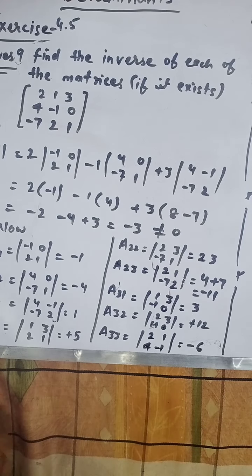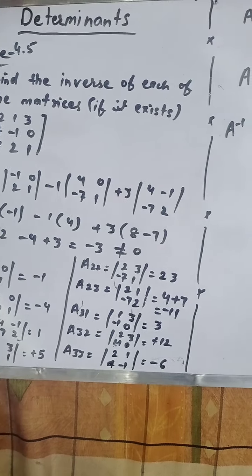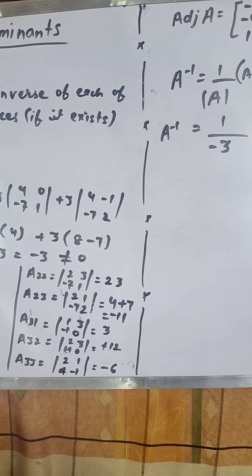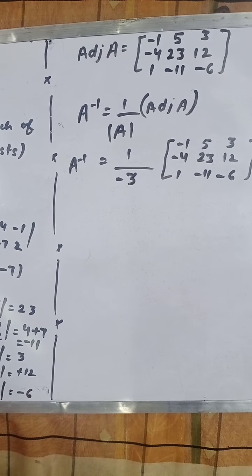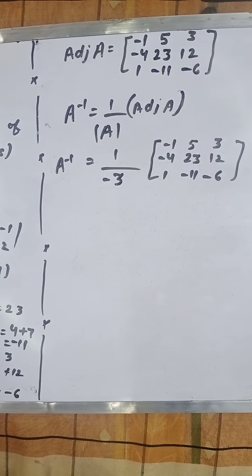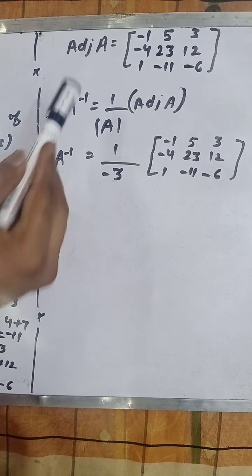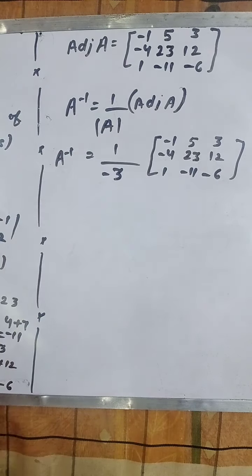After getting the cofactors, now you have to find the adjoint. To find the adjoint of any matrix, you have to write these elements column-wise, like this. So here it is. The adjoint of this is this one.